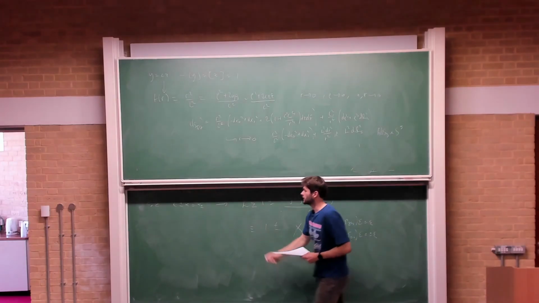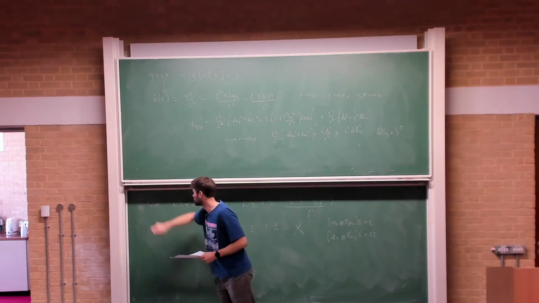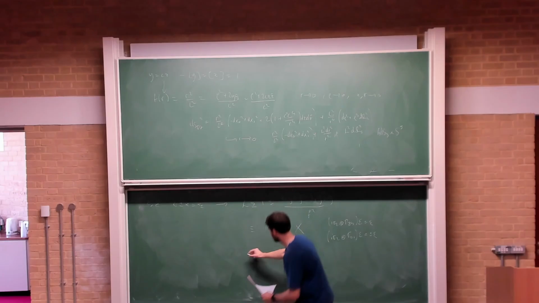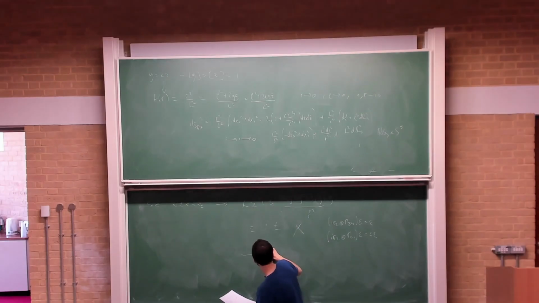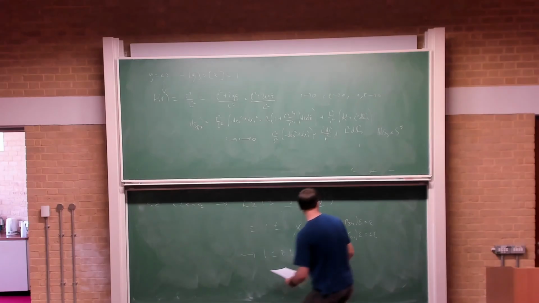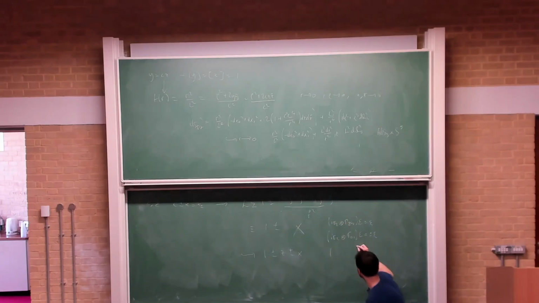We can now also consider combinations of light cone coordinates and z bar, and you get a Lagrangian that looks like 1 plus or minus z plus or minus x. And you now get more breaking of supersymmetry, so we have this further condition.